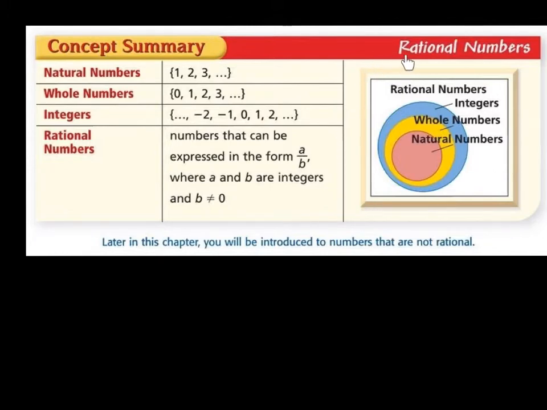This chart is new, and it's kind of nice. It shows that all natural numbers are whole numbers. All whole numbers, which include natural numbers, are also integers, and all integers are rational numbers. And these are all subsets of real numbers. There are numbers that are not rational that we're going to see pretty soon too.